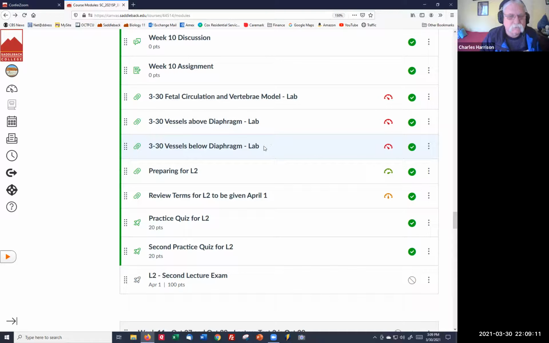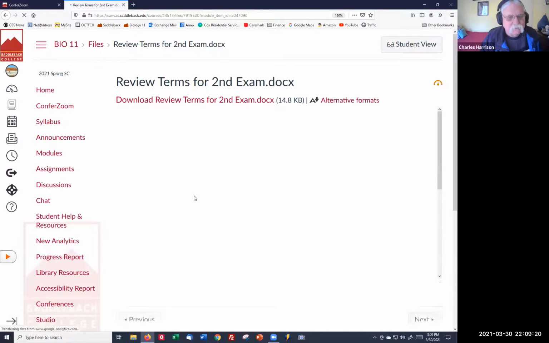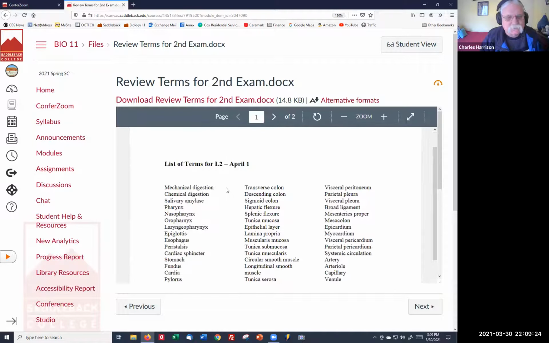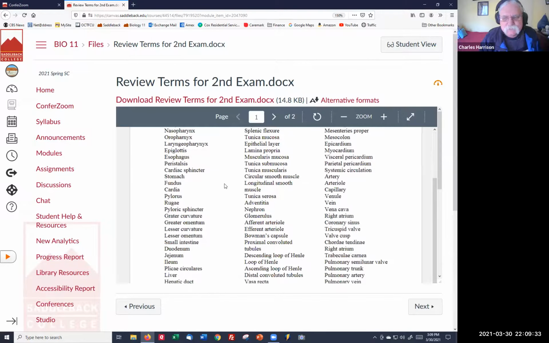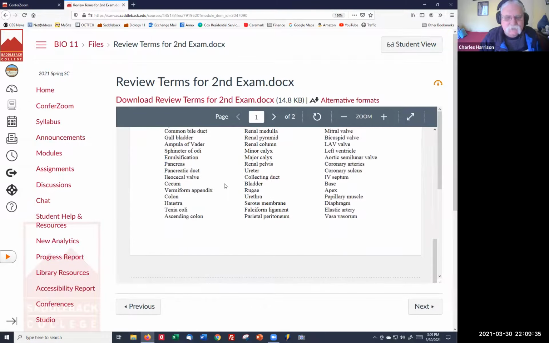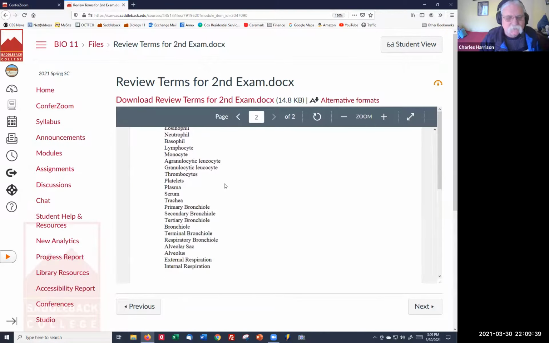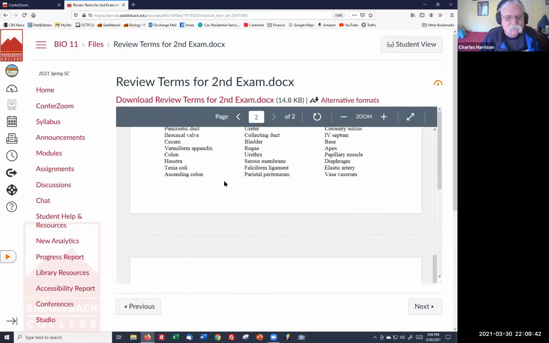Okay. I showed you this link, preparing for L2, the email. If I haven't, here it is. Here are the list of terms that L2 can incorporate. You should know roughly how to use all of these terms. It always seems like a lot until you take it apart, and those are the terms.